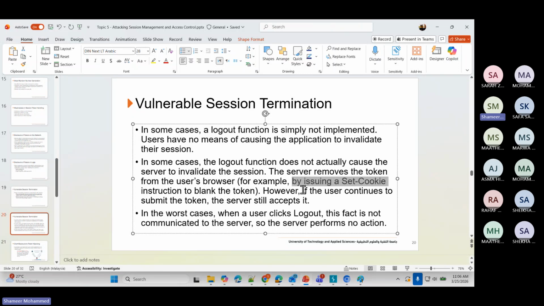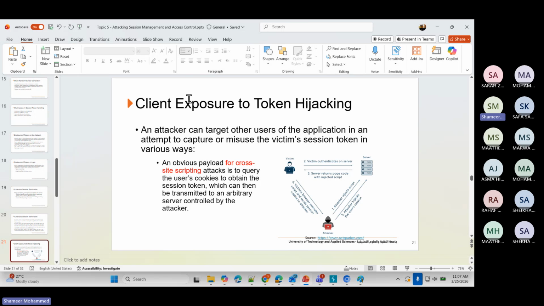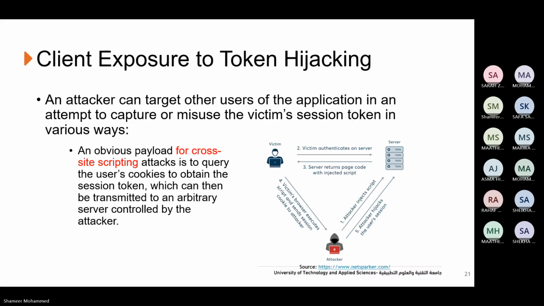So if vulnerable session termination is there, then your session ID is in danger. Last one, client exposure to token hijacking. The last vulnerability is that the attacker can target the other users of the application in an attempt to capture the session ID or misuse the victim's session ID in various ways.